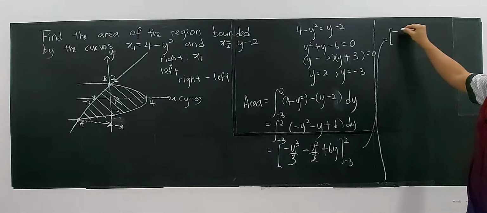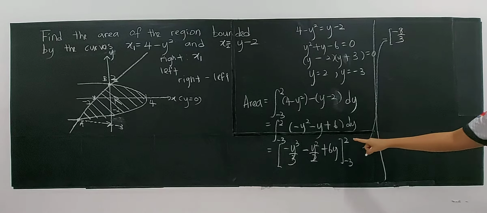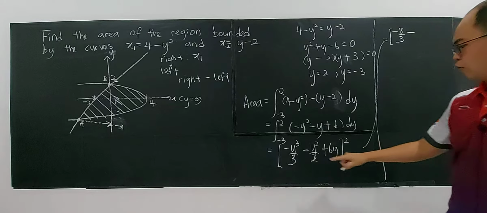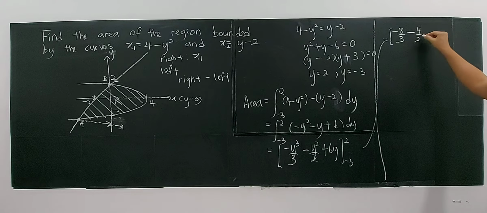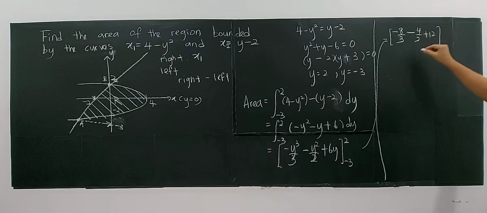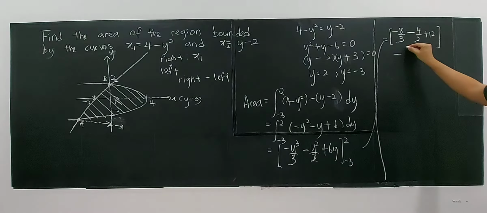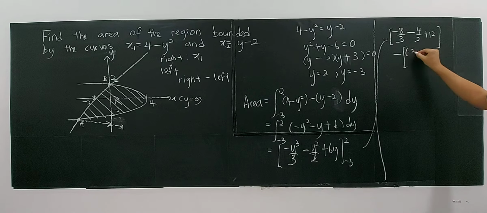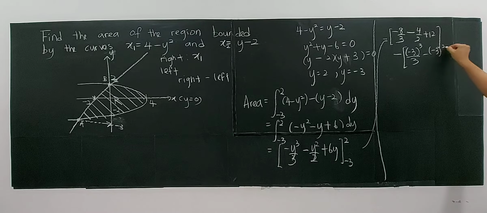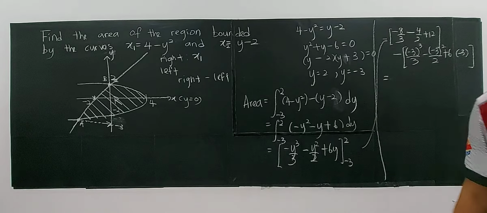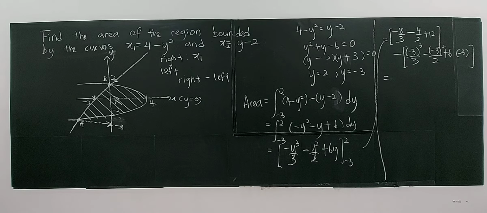Negative 8 over 3, right, 2 to the power of 3 over 3, minus 2 to the power of 2 over 2, plus 12, minus away negative 3, so negative 3 to the power of 3 over 3, negative 3 to the power of 2 over 2, plus 6, negative 3. Alright, you just write down and you can use a calculator, which will be faster.